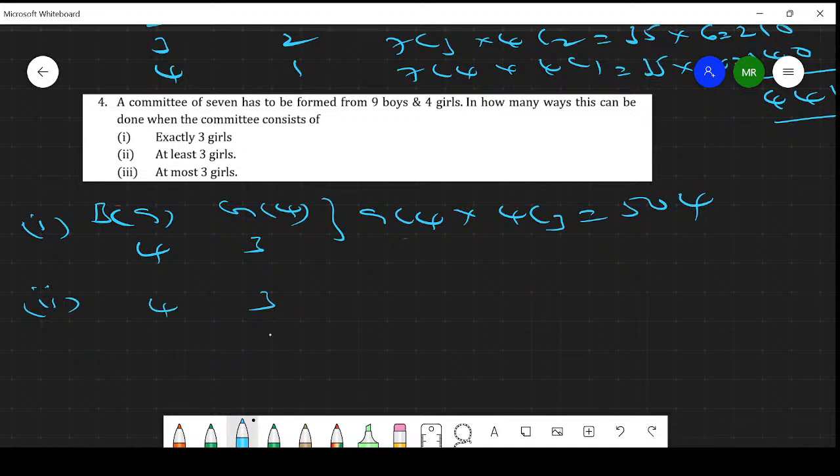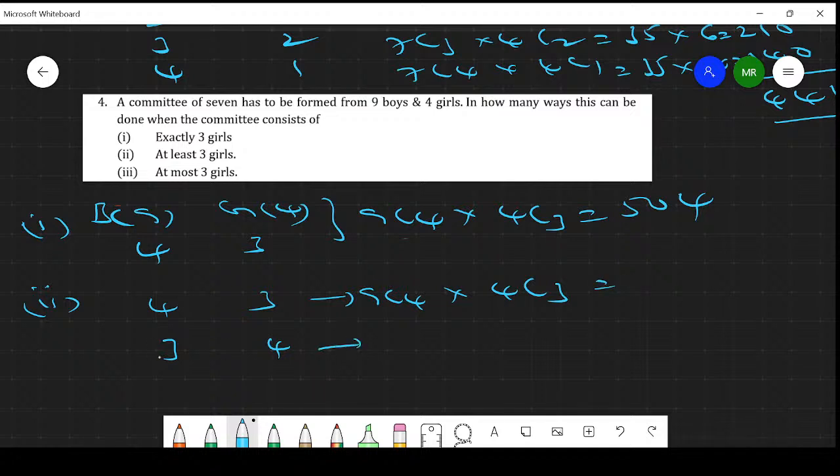Another case, again I can take 4 and 3. And at least 3 girls means again 4, and here 3 will come. This is the case. Then I can write 9C4 into 4C3. This is the first case.